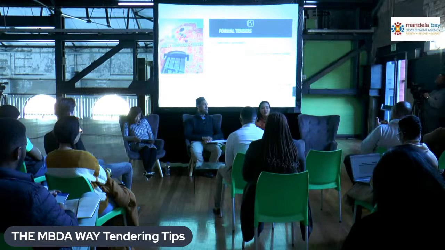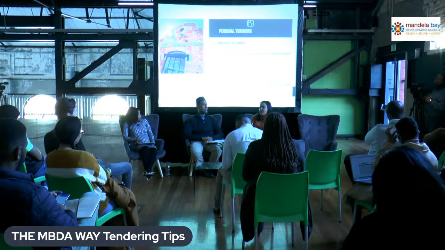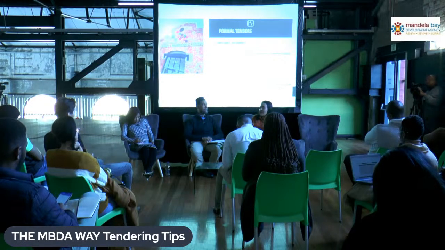While we are speaking, if there are any questions or points of clarity that you want us to discuss later, once we've finished providing information, please keep a note so that we can get to it later. As Sima said, I'll be moving on to formal tenders.